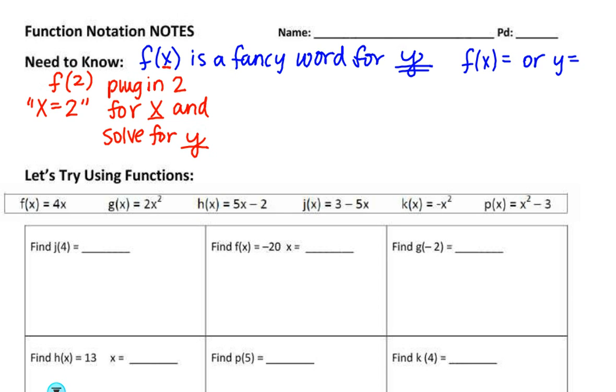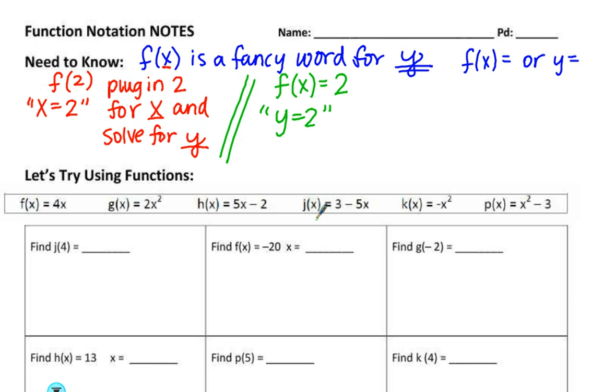So next, here's another thing that you may see. F of x equals 2. Pause and note the difference between this version and this version. This one gave me an x value. What do you think this one is representing? Well, we just talked about that f of x is just a fancy word for y. So this is saying y equals 2.